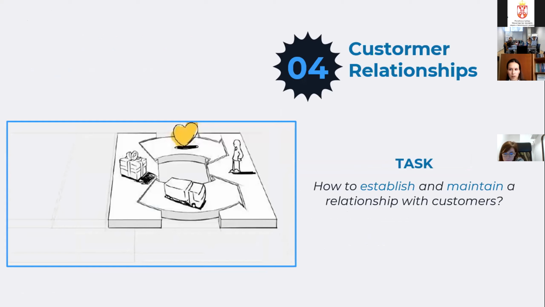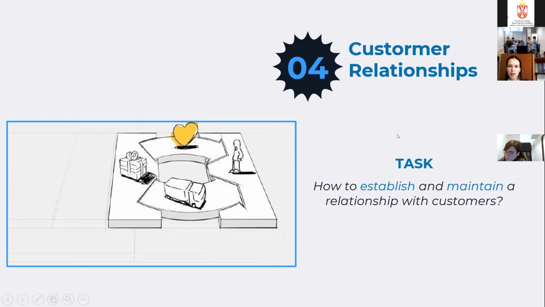The next block of the business model canvas is customer relationships. So here, the entrepreneur must think and must show how he is going to establish and maintain a relationship with its customers.